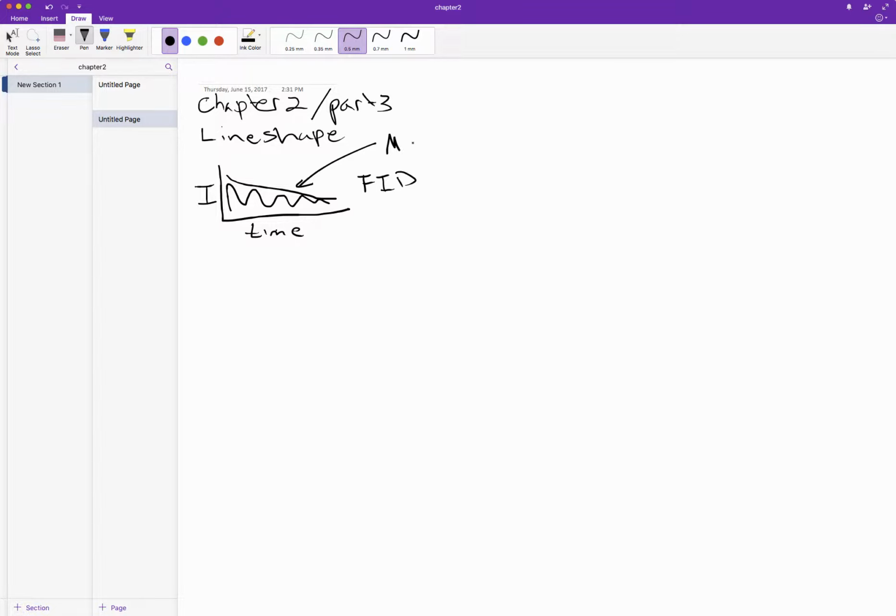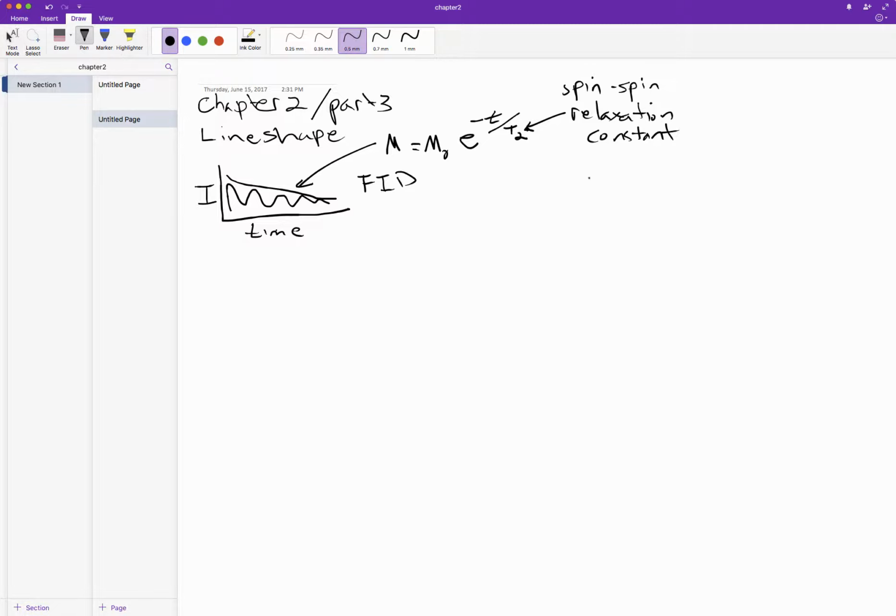So basically the signal that you see at any one time is equal to the original signal times e to the minus t, where t is time, over T2, which is a relaxation, let's say what we'll call it, the spin relaxation constant. And this constant is different for every hydrogen atom in your molecule.